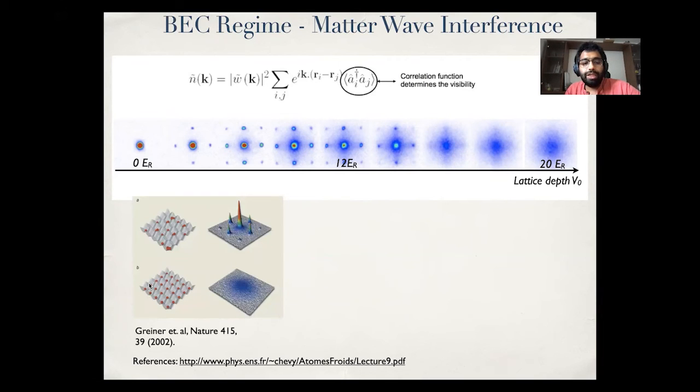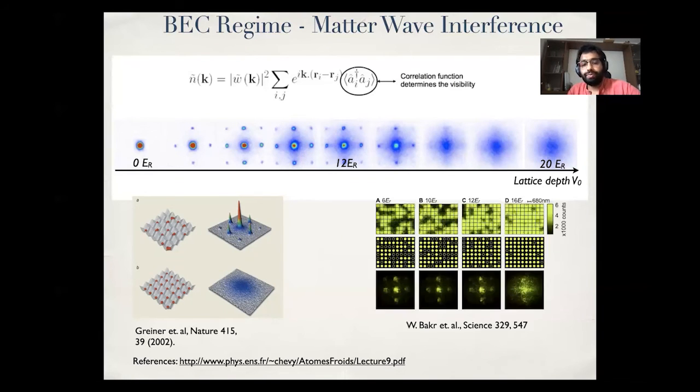And at this point, you have an insulating state. The evidence of the insulating state is in this time of flight absorption image. For the superfluid, you get a very nice peak structure like here. And for the Mott insulator, you get this completely diffused state where there are no peaks.